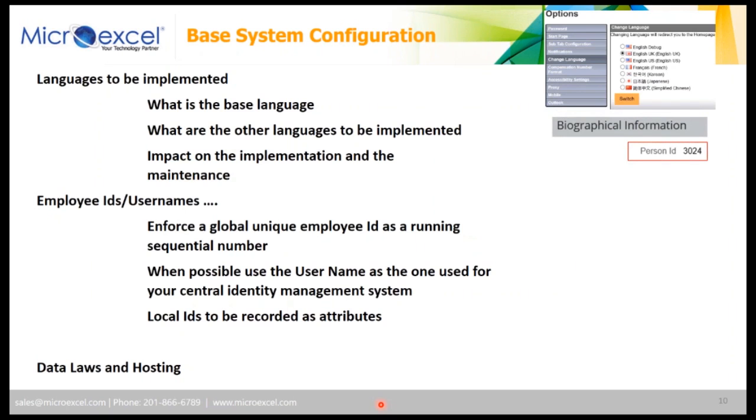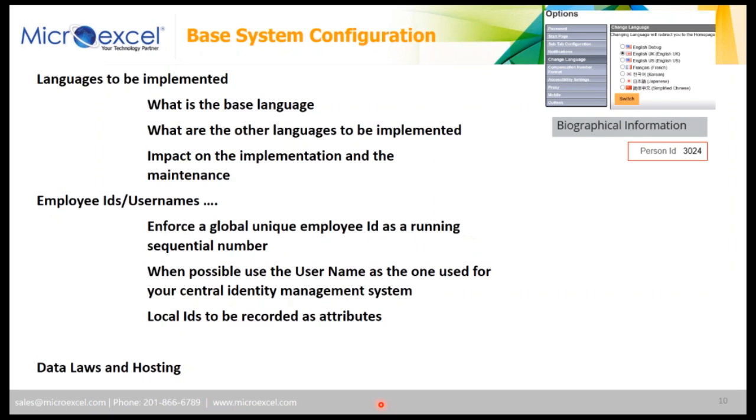An employee who's in your organization will keep it all his life. He starts in the country, he goes out, comes back, his rehire, transfers, etc., he will always keep that same employee ID. So for our customers, usually what we do is the person ID as well as what we call the user ID is going to be one unique identifier across the organization, which is just a sequential number.